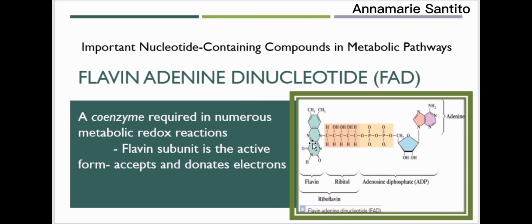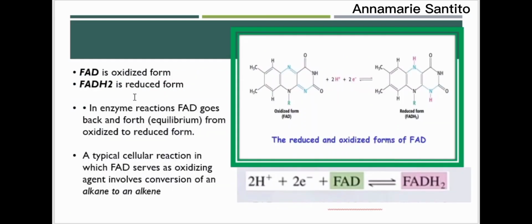It is composed of flavin, ribitol, which forms ribose, and ADP, the adenosine diphosphate. So it has a nucleotide in it. The basic things that it does are oxidations and reductions. It accepts and donates electrons. Here we have FAD accepting two electrons.